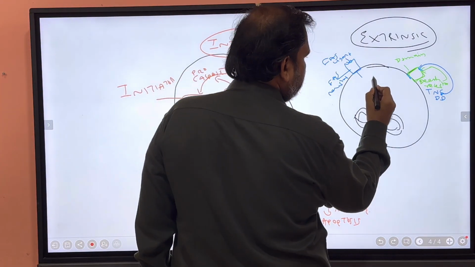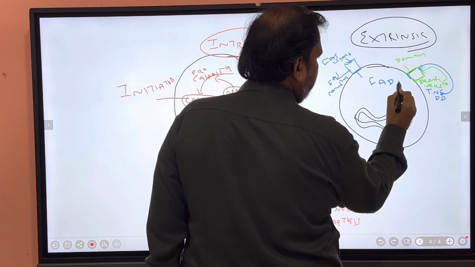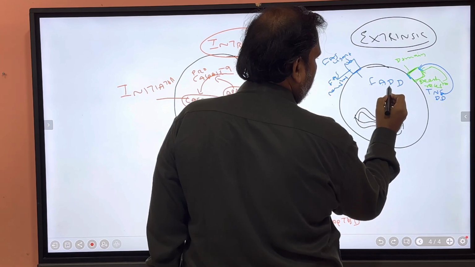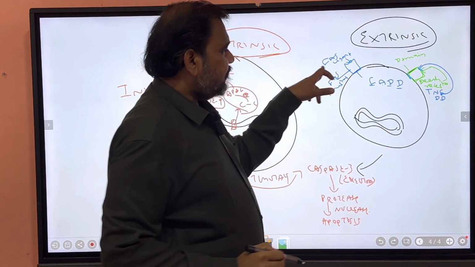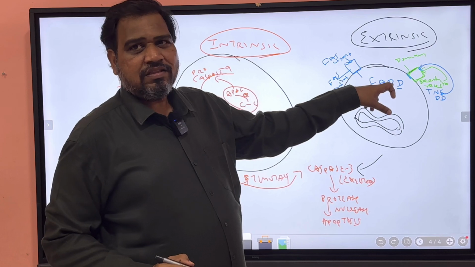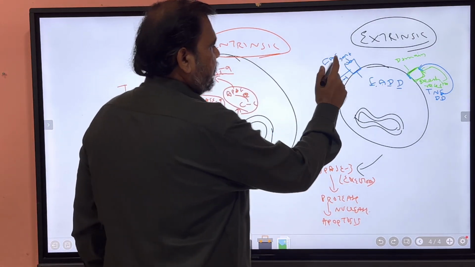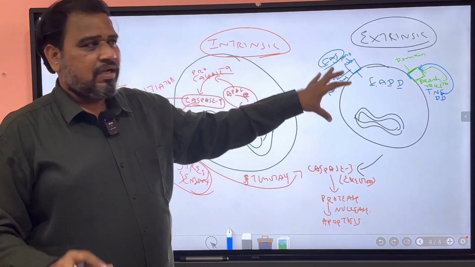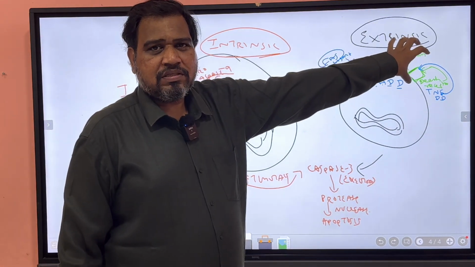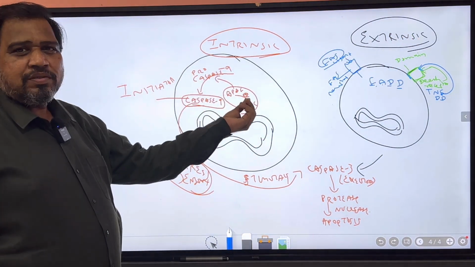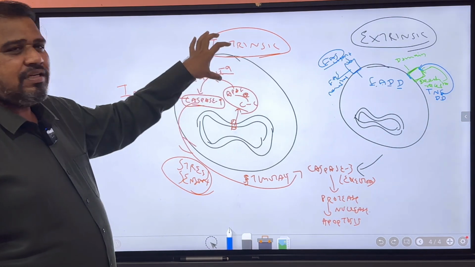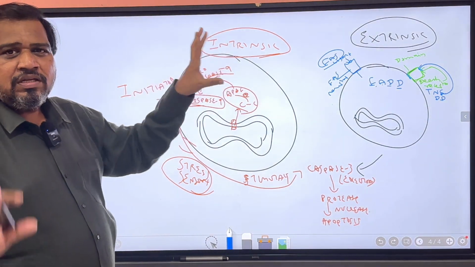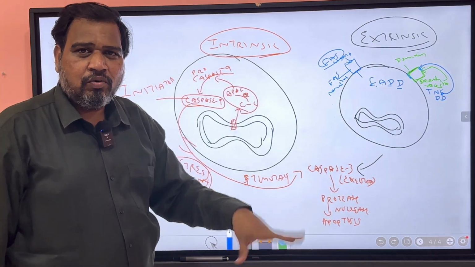Because of this, what happens? Inside, a domain is created, FADD, FAS activated death domain. F for FAS, FAS activated death domain. And because of this FAS, remember, FAS will be coming in the extrinsic pathway of apoptosis. The cytochrome C, APAF will come in the intrinsic pathway of apoptosis. MCQs, it will be asked, maybe note it down.